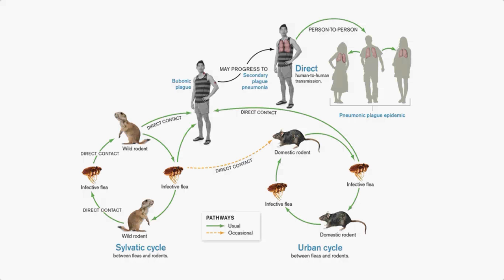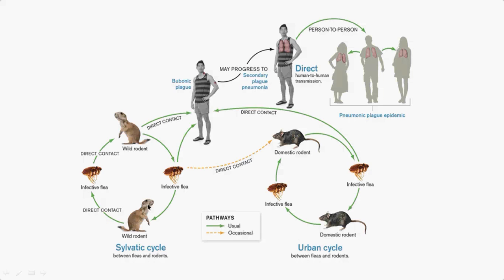Now we are going to see the urban cycle and the sylvatic cycle, that means the modes of transmission of Yersinia pestis. The most common mode is the bite of an infected rat flea. The rat flea is the main vector causing infection in human beings. There are 2 types of cycles, the sylvatic cycle and the urban cycle.